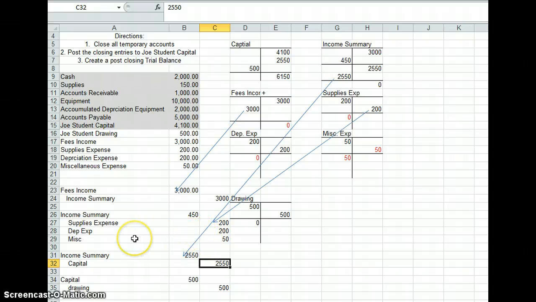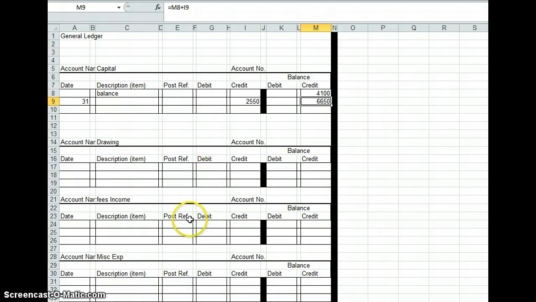I'm going to come on down and next take a look at fees income. So fees income originally had a balance of $3,000. I'm going to go ahead and set up that T. I'm going to say balance and $3,000.